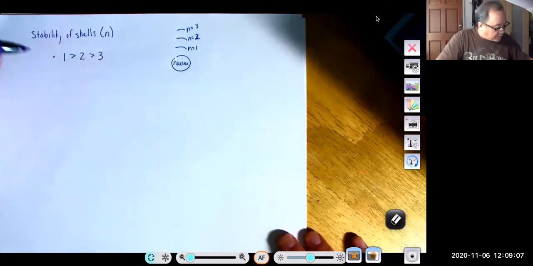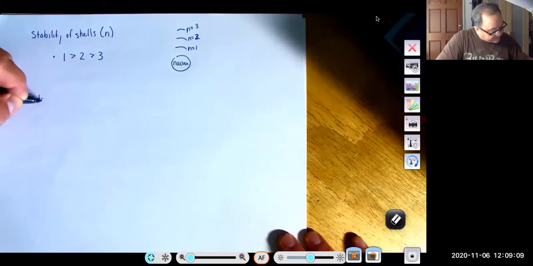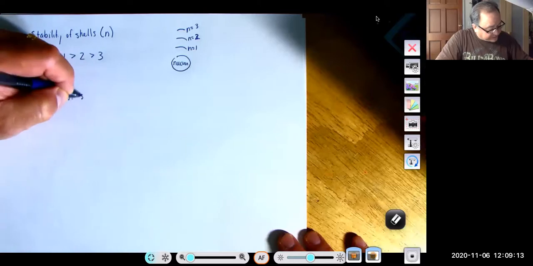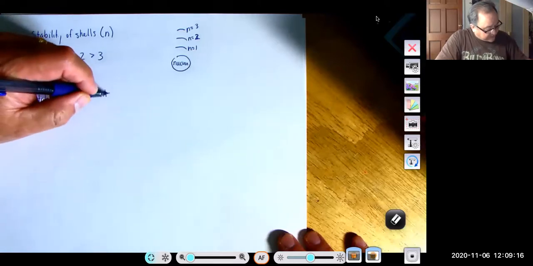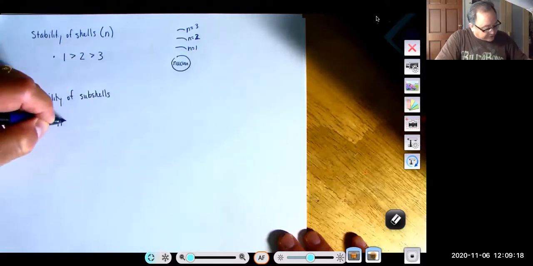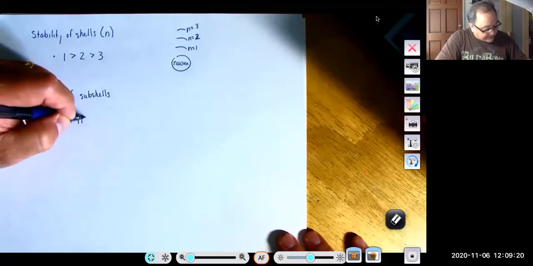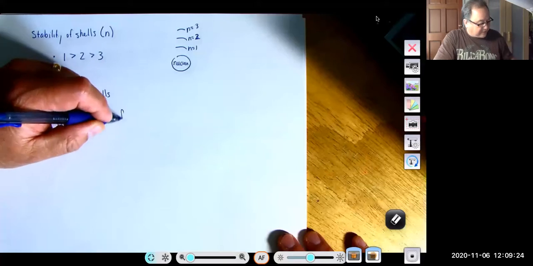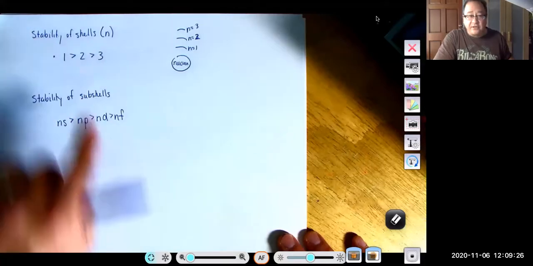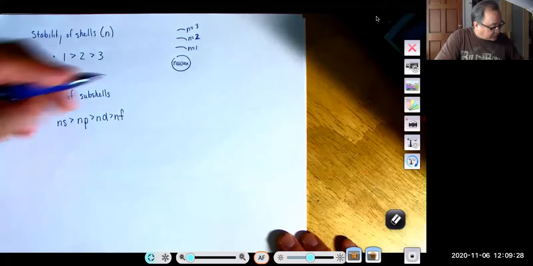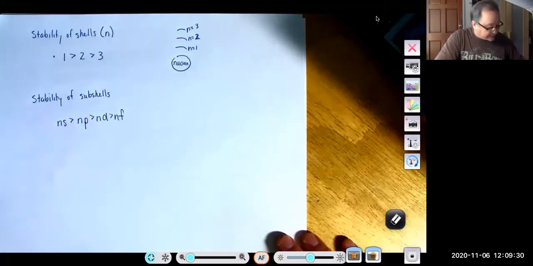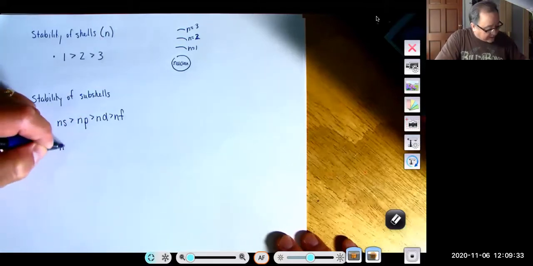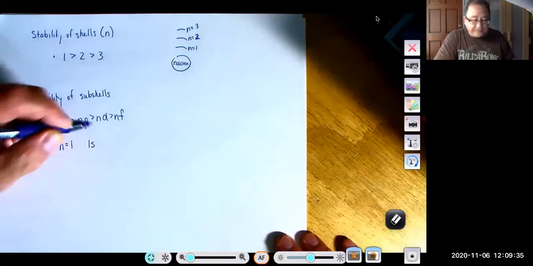So when we get to the stability of subshells, an ns is more stable than an np is more stable than an nd is more stable than an nf. So n is the particular shell. When we take a look at different shells, at n equal 1, there's only a 1s subshell.